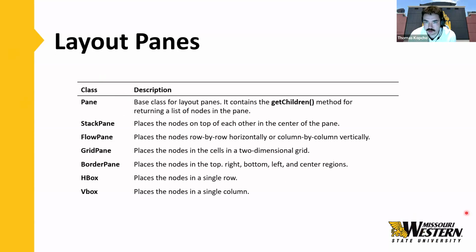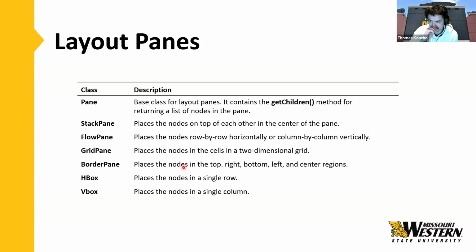GridPane, which is what I'm about to show you, organizes nodes in a two-dimensional grid of rows and columns. You specify row and column indices for each child, or add them using convenient methods. It's useful for form layouts where labels and fields need to line up neatly.